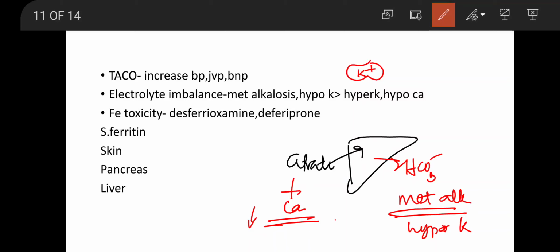That can increase the levels of the storage form of iron, that is serum ferritin. So you can give chelators. Desferrioxamine is given by injection. Oral is deferiprone. Iron can get deposited in the skin, causing hyperpigmentation, in the pancreas, causing bronze diabetes, and in the liver, where it can cause cirrhosis.